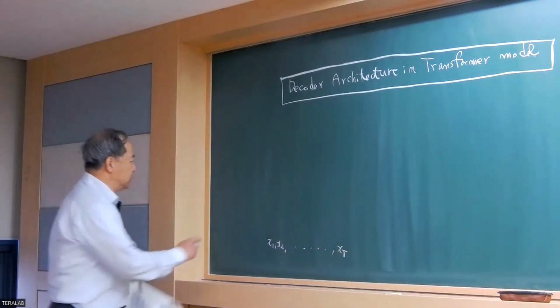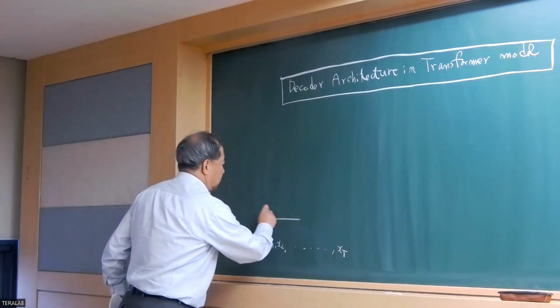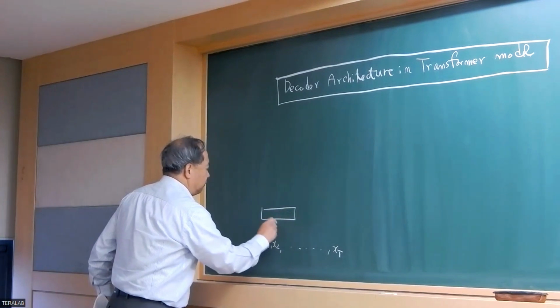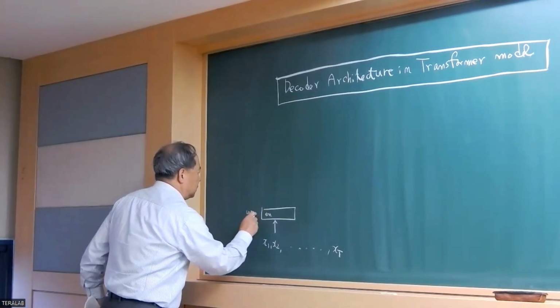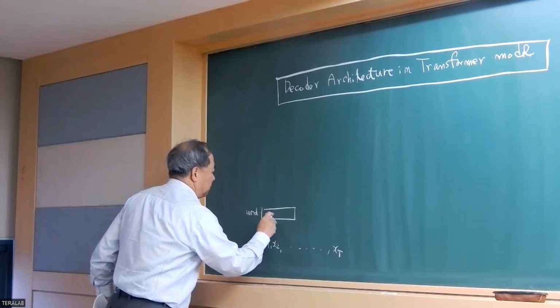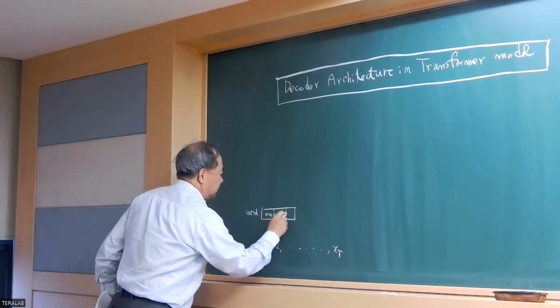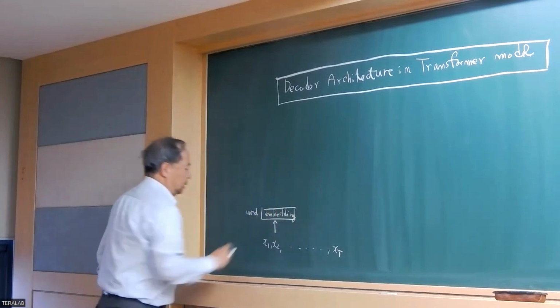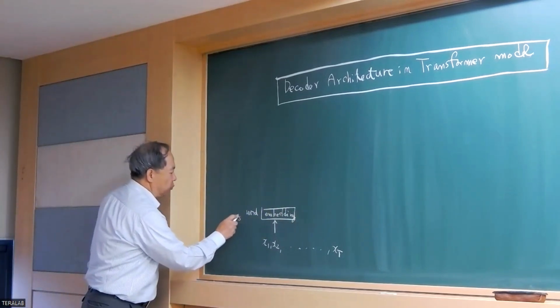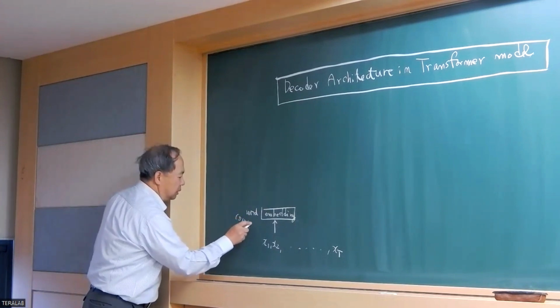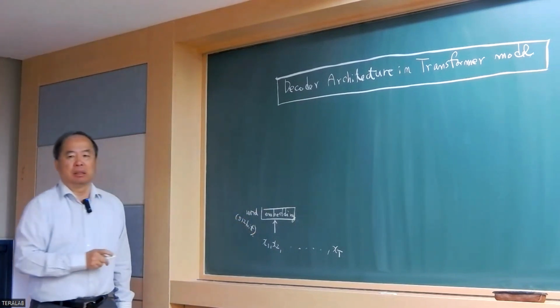And this input sequence will be converted to a vector form that is called word embedding. Usually I know that it is 512-bit size.